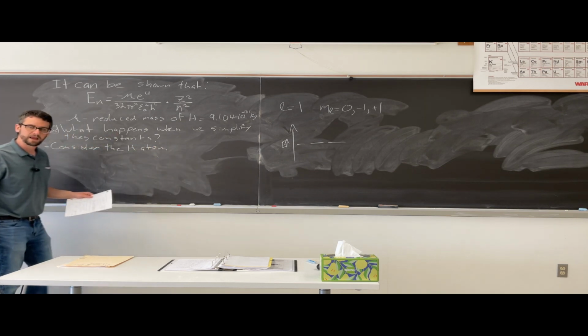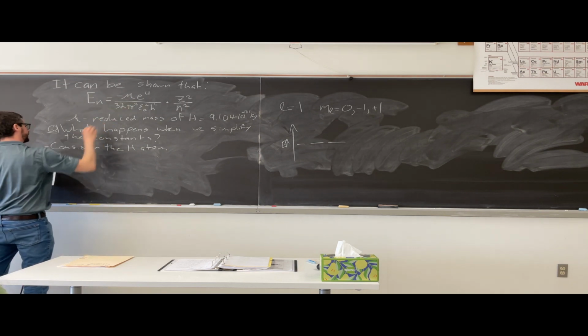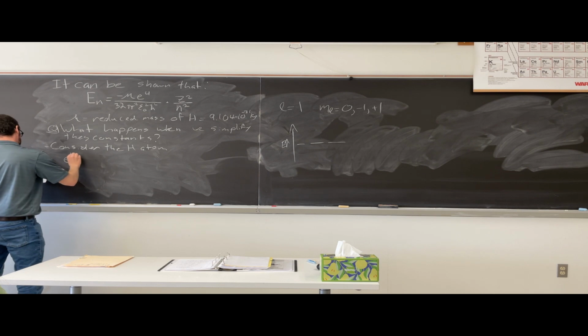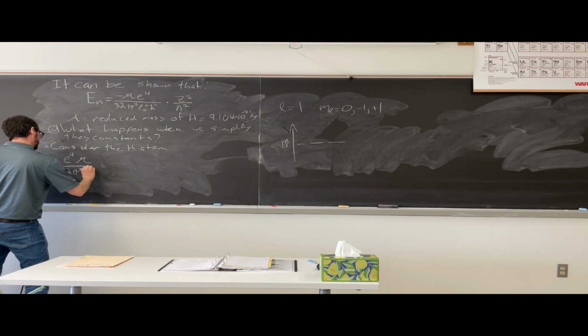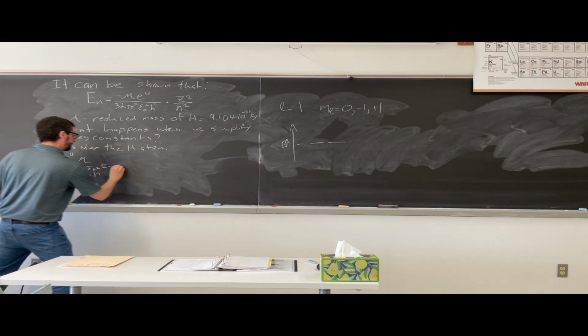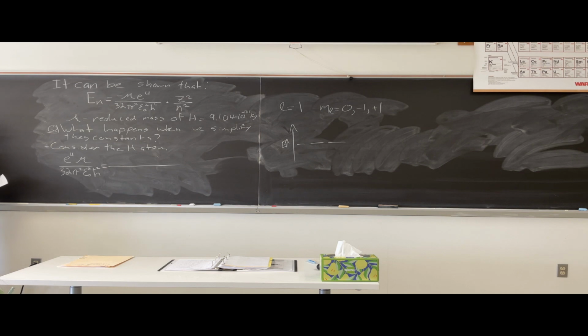If we consider the H atom, let's just look at this first part here: e to the fourth mu over 32 pi squared epsilon naught squared. Okay, let's write down the value of these constants and their units.